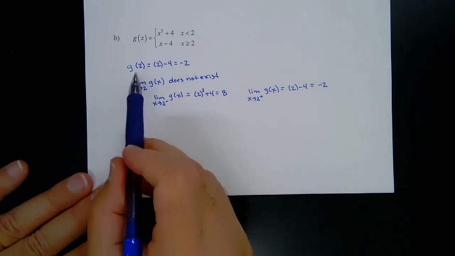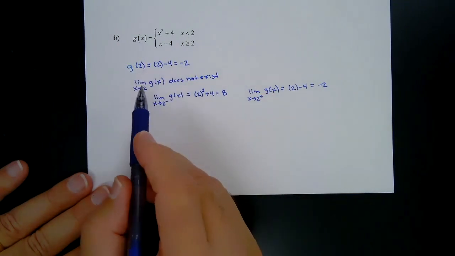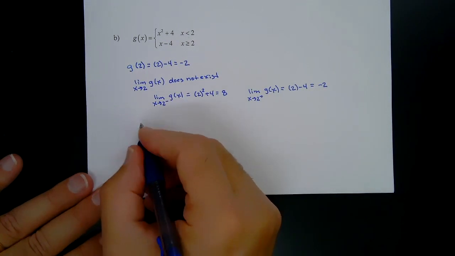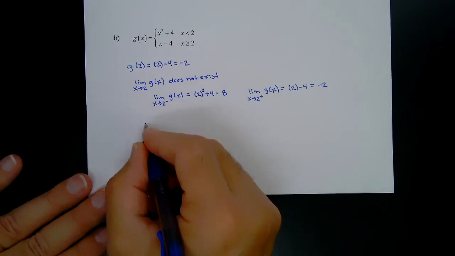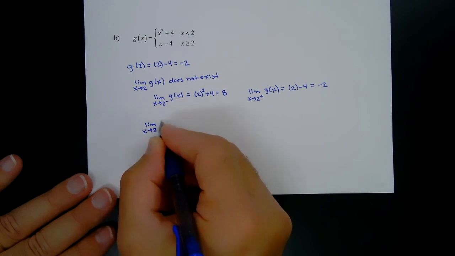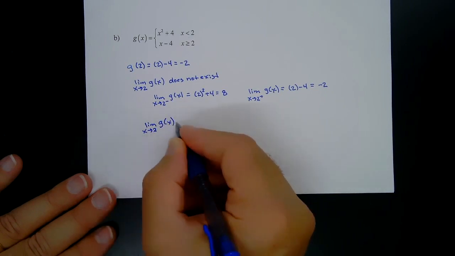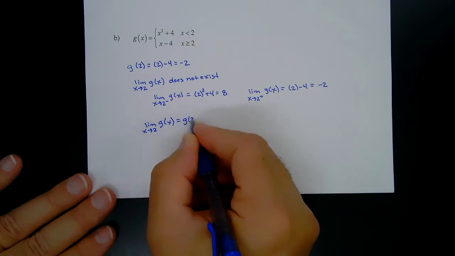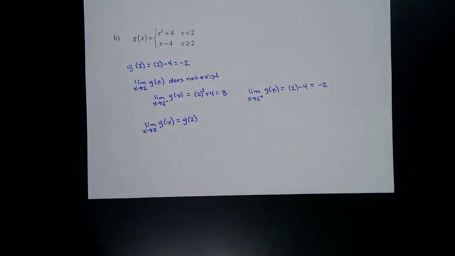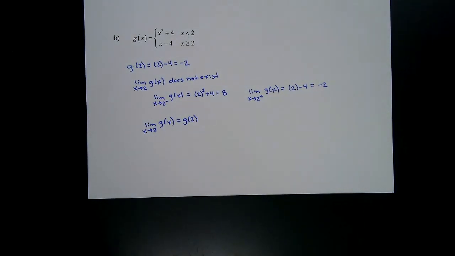Okay, and so the function value is negative 2 at x equals 2. The limit doesn't exist at x equals 2. So we would say the limit as x approaches 2 of g of x does not equal g of 2. So it's not continuous at x equals 2, which means there's a discontinuity.